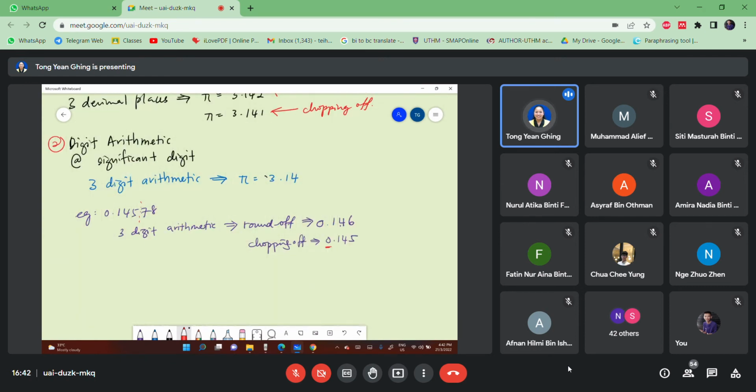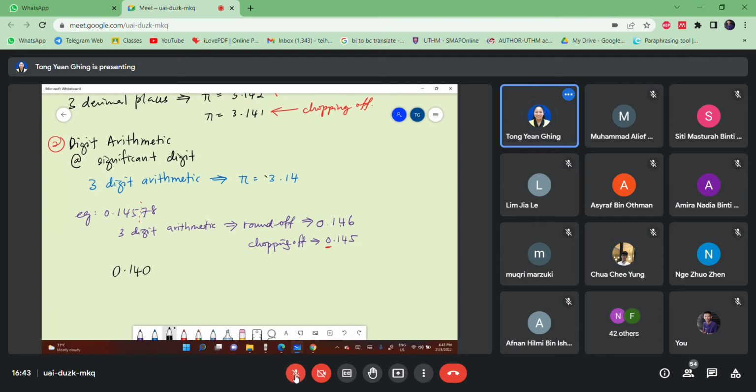Okay, I ask you this one. How about 0.140? Is it 2-digit or 3-digit? Any idea? How many digits is this 0.140? 3 digit. 2 digit.